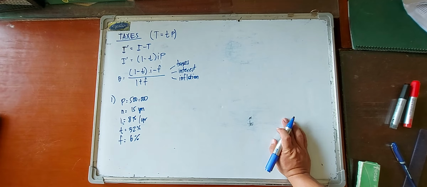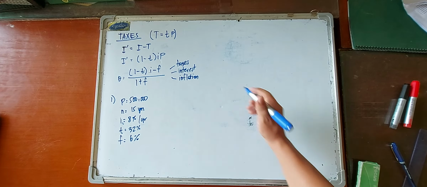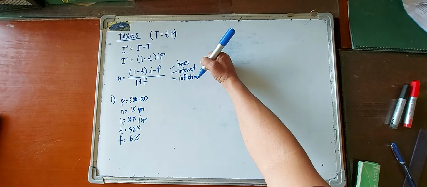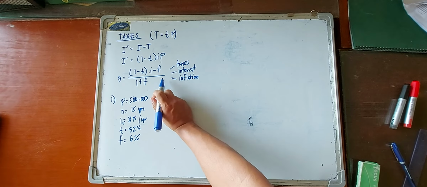Lugi ka doon sa investment na yan. So before you invest a certain amount of money sa isang offer na investment, you should be considering yung mga factors kung kikita ba yan o hindi, no? So ayan. So with the effect of taxes, interest rate, and inflation, this would be our composite interest rate, theta.